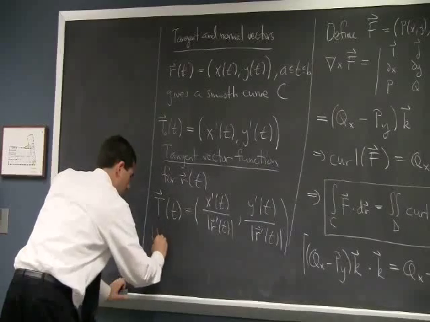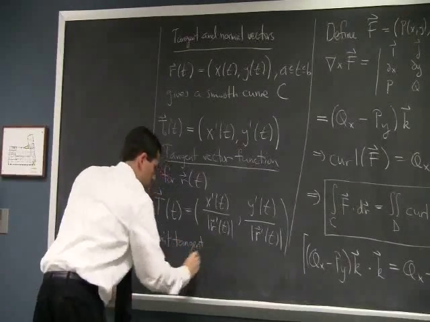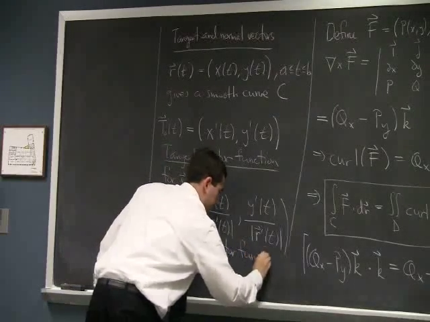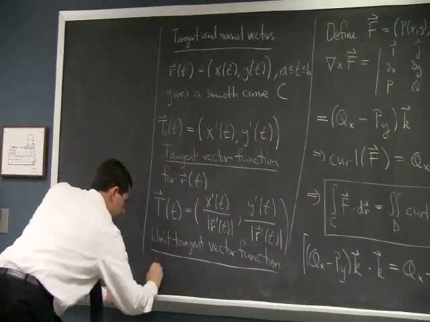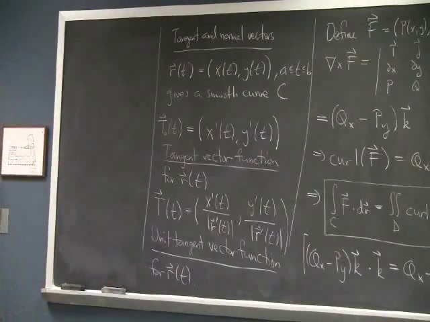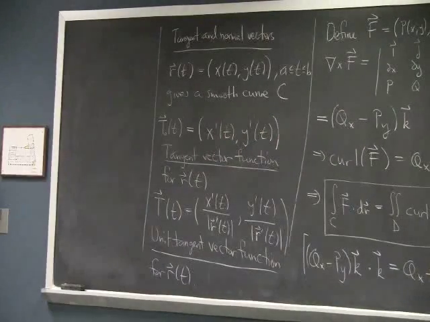So this is the unit tangent vector function for r of t. Okay, so we'll need this. The other thing we'll need is the normal vector function, really the unit normal one.